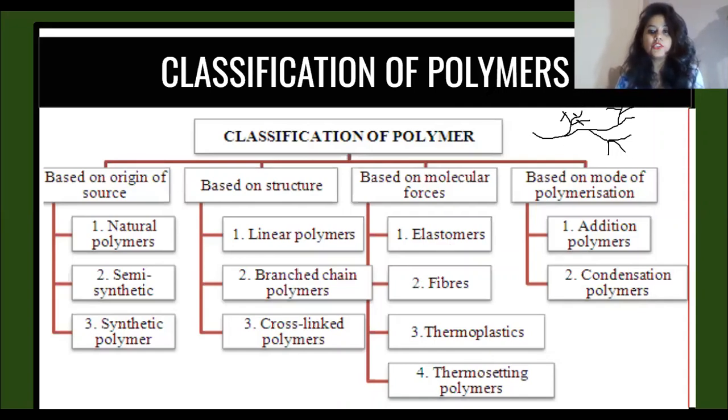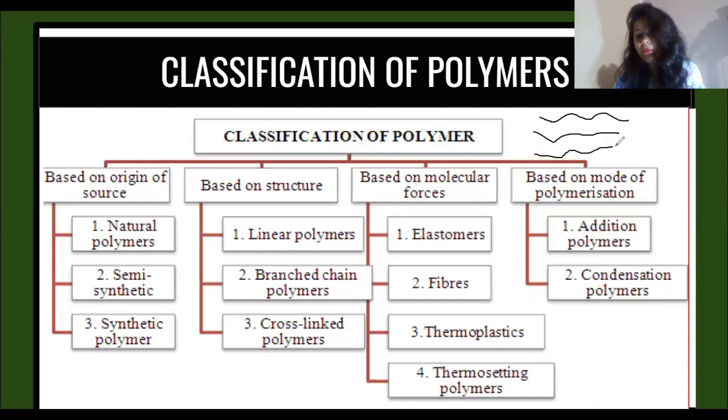And lastly, there is cross-link polymerization, which is used as one of the most favorite types of polymerization. This is the normal polymeric chain. Now in cross-linking, there will be different links: one polymeric chain will be linked to another polymeric chain by different bonds.